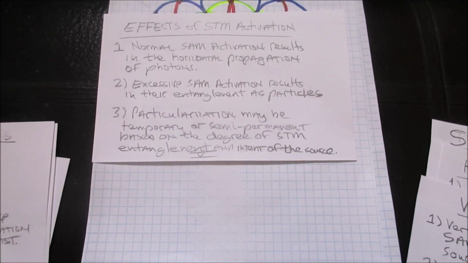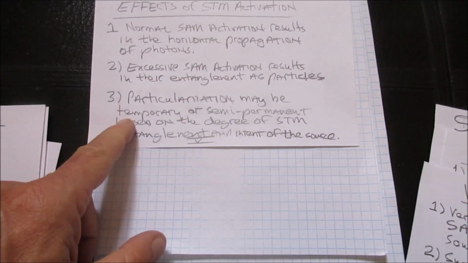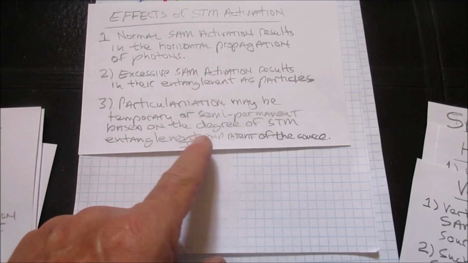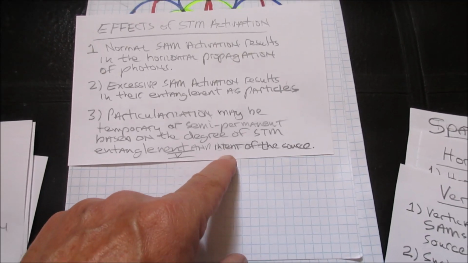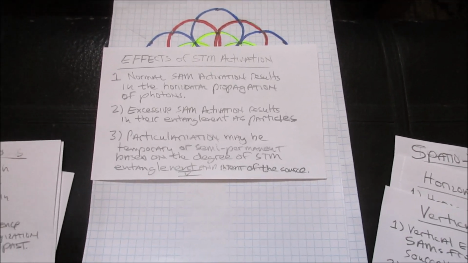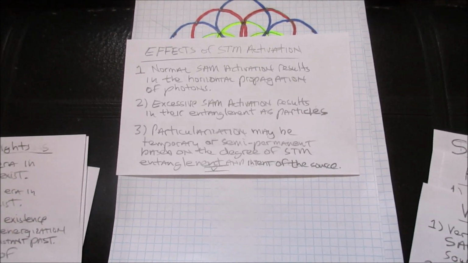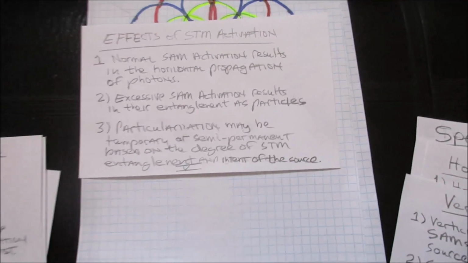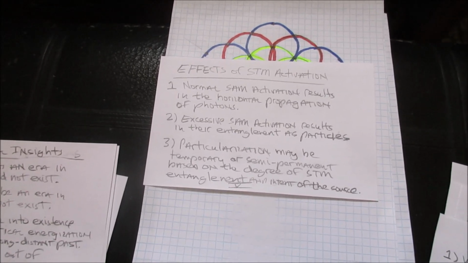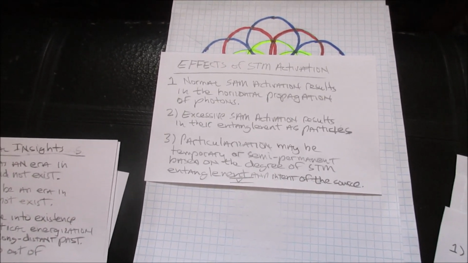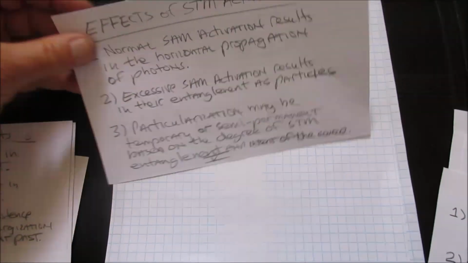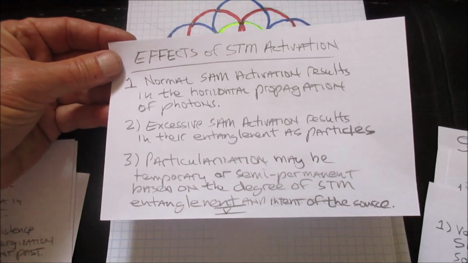And particularization may be temporary or semi-permanent based on the degree of STM entanglement and the intent behind whatever the source of the transcendental is. Now, we can't even begin to explore intentionality in this regard. All I would mention is that there's a principle in Greek philosophy called teleology. And teleology is a principle that says the future is creating the present out of the past. And we may get a little more into this as we go along. So the effects of STM activation.